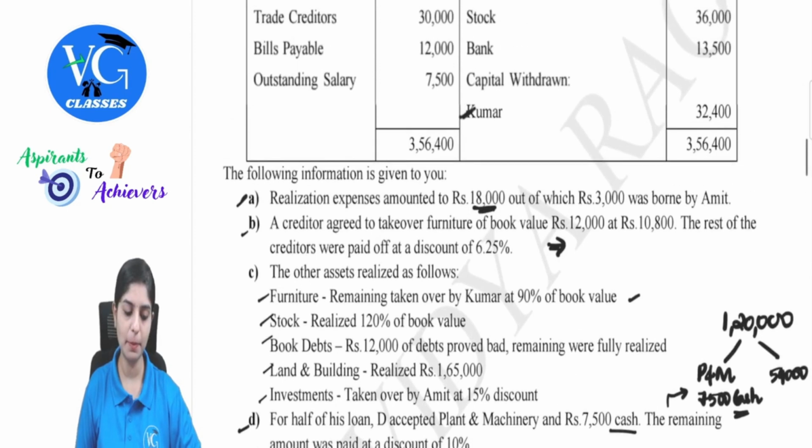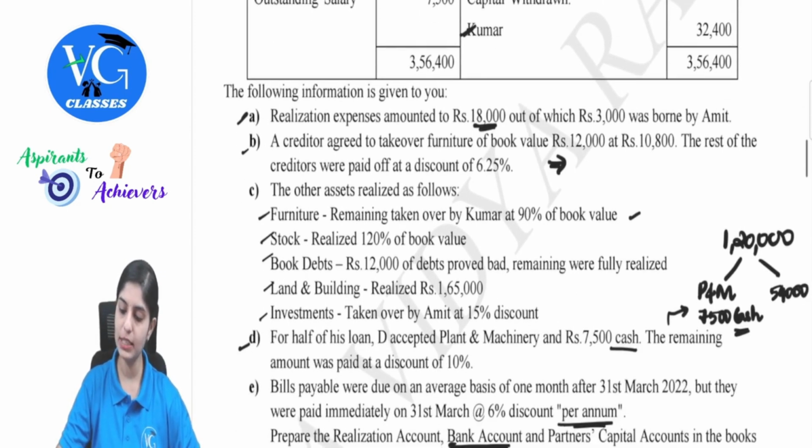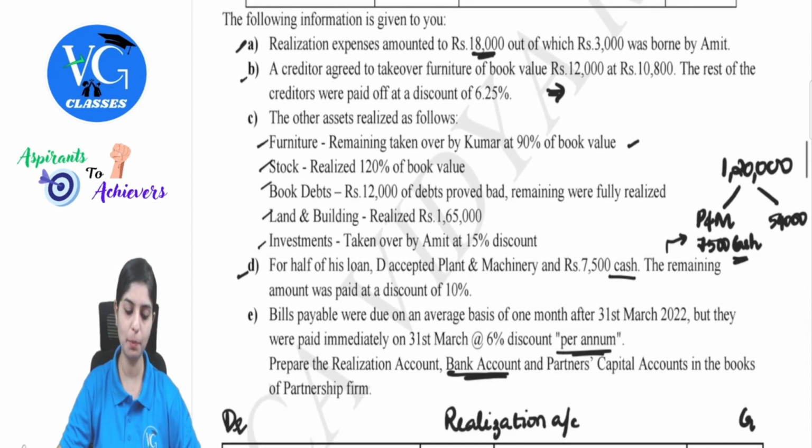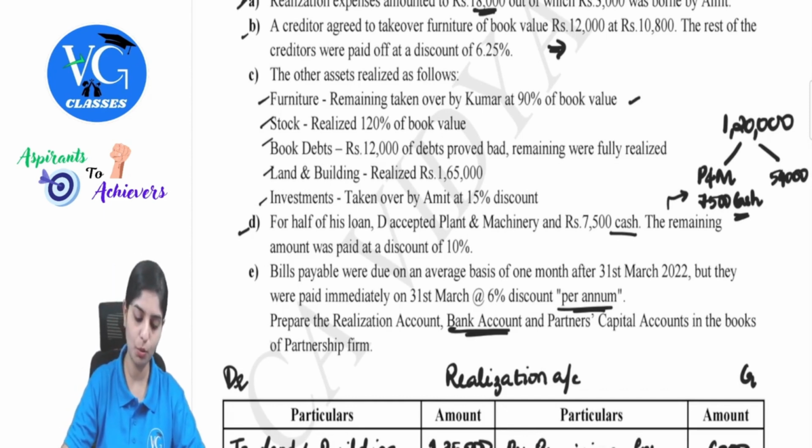So what is the bills payable value? 12,000. So 12,000 into 6% into 1 by 12. So 60 rupees. This was due on an average basis. This was paid immediately on 31st March, and 6% per annum is nothing but how much you are able to realize for 1 month? 60 rupees.